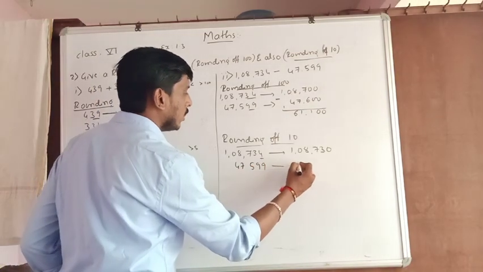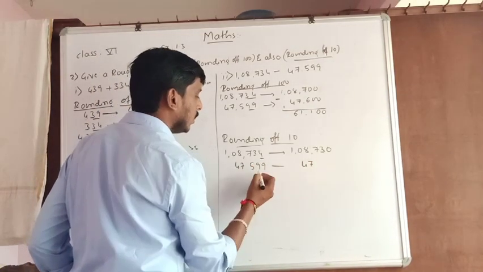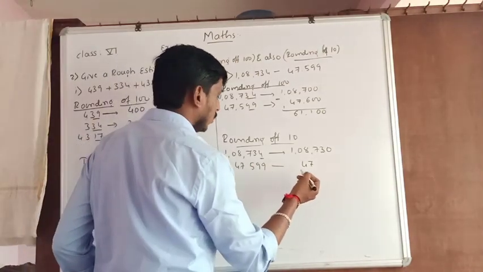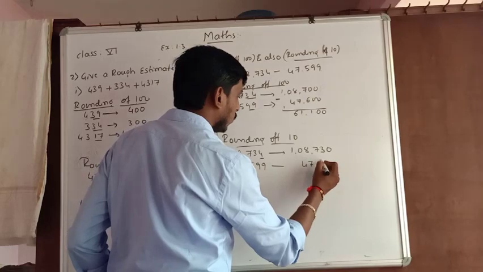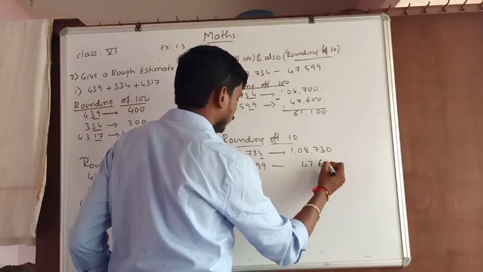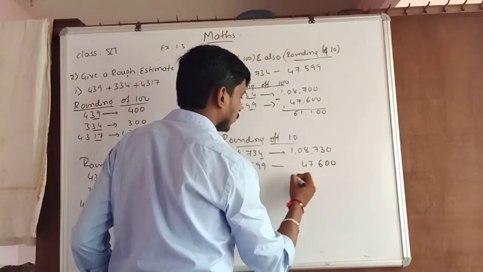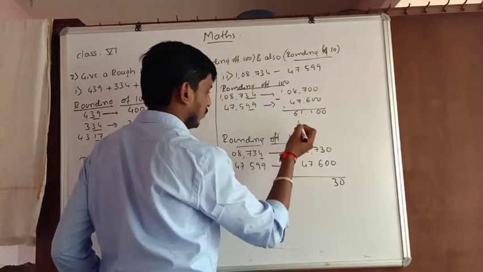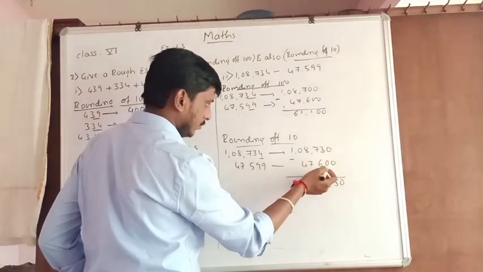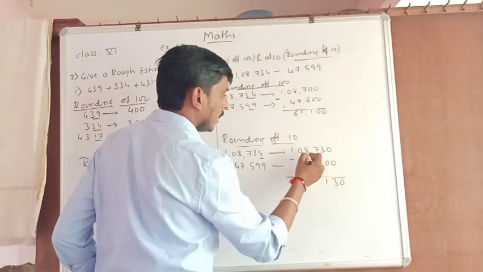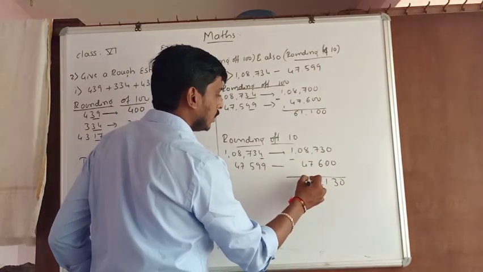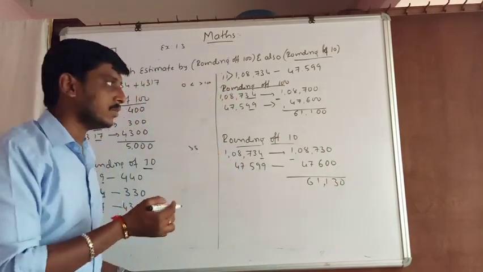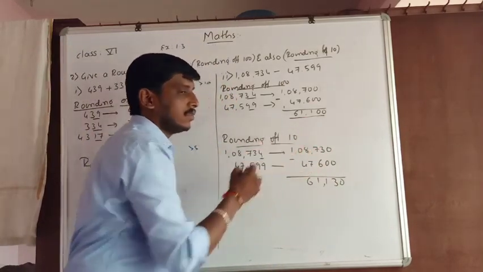When it is rounded, 9 next number was 10, 59 next, so it is 600 only. Subtraction: 7 minus 6, 1. 8 minus 7, 1. 10 minus 4. So 61,100. Here 130. That is the slight difference between here and here.